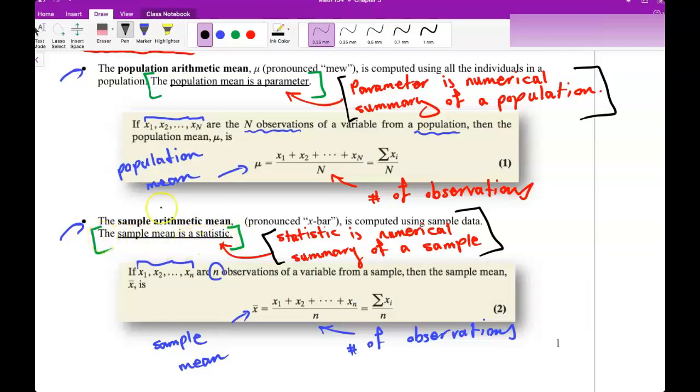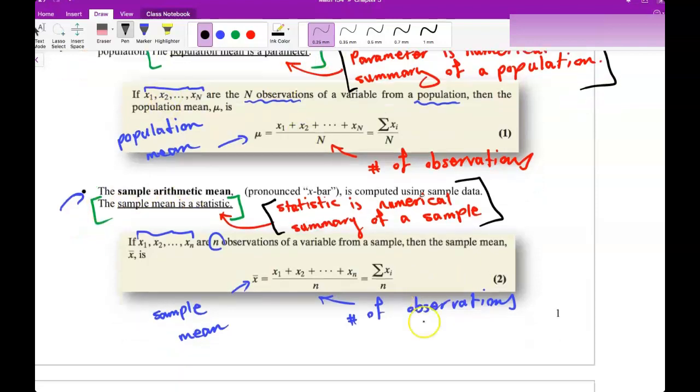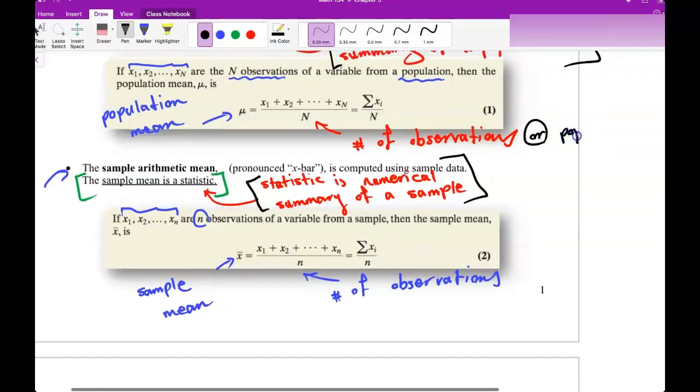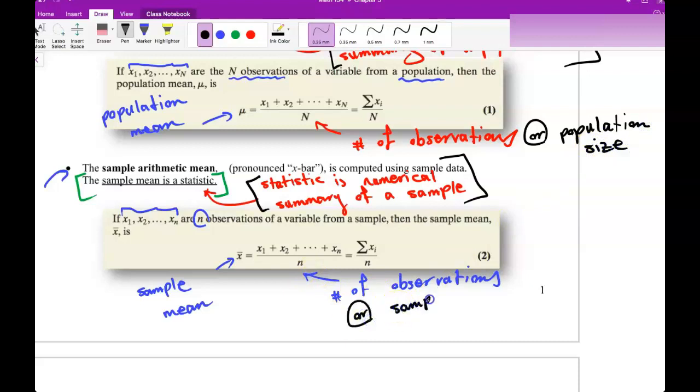So S for S, and P for P. Here I said that N is the number of observations, or we can say population size, and here the number of observations or sample size. Later I'm going to use these two instead, population size and sample size, to show what the difference is.